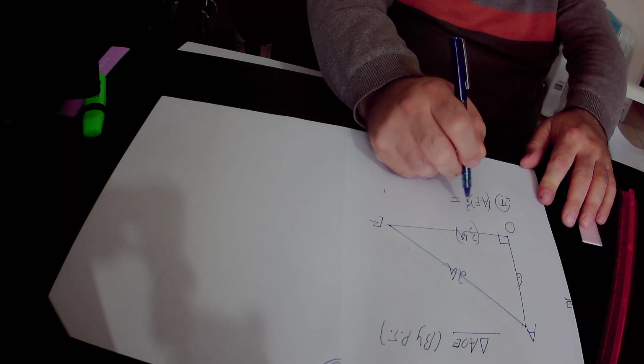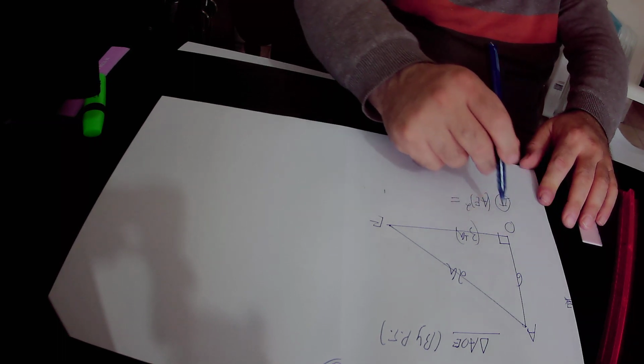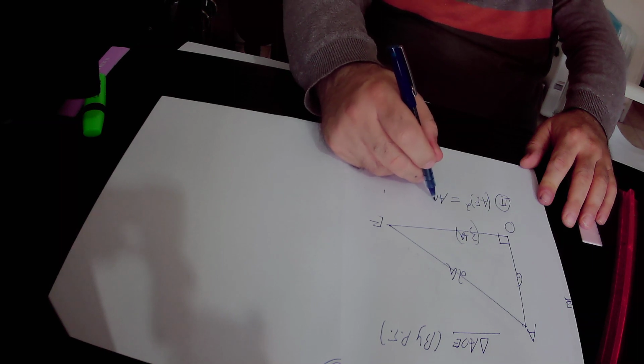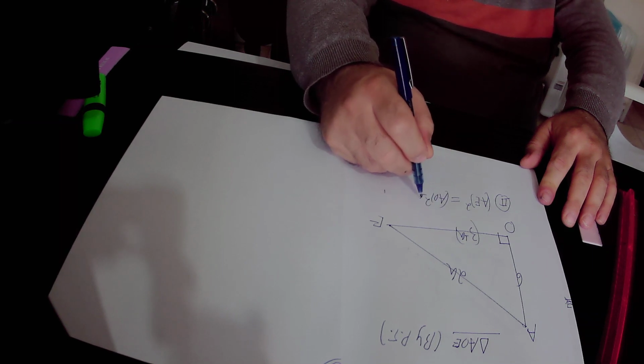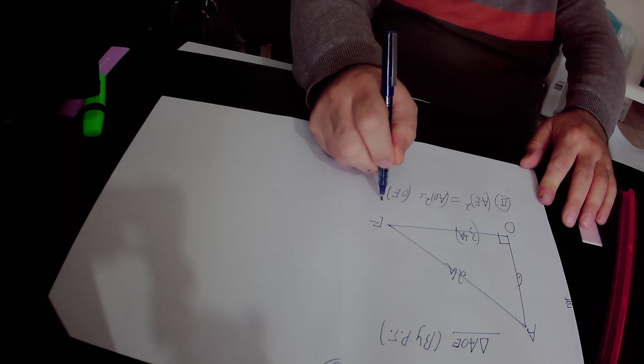It must be equal to the sum of the squares of the perpendiculars according to the Pythagoras theorem. That is to say, it must be equal to AO square plus OE square, according to equation number 2.